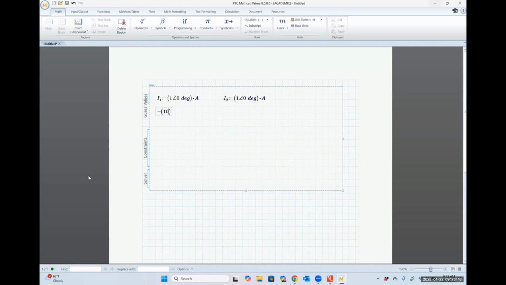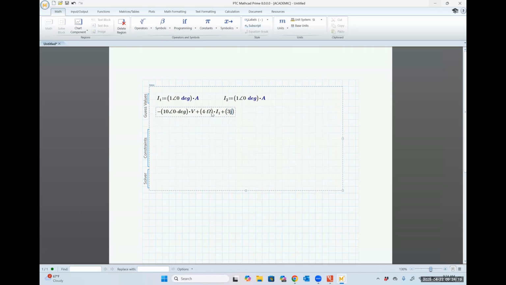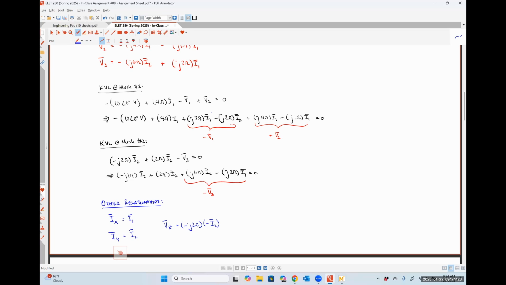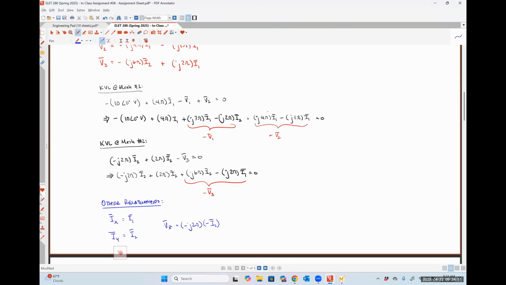Negative 10 angle 0 degrees volts plus 4 ohms times I1, J3 ohms times I1, minus J2 ohms times I2, plus J4 ohms times I1.